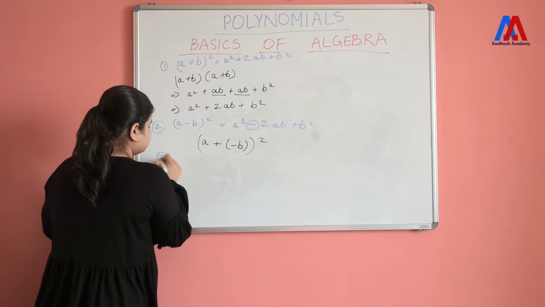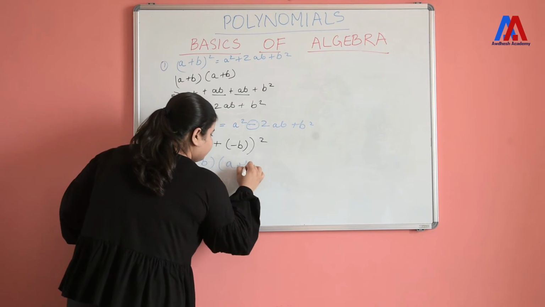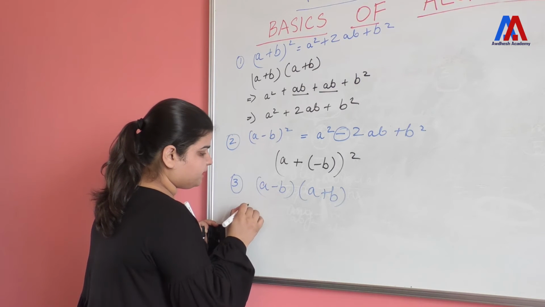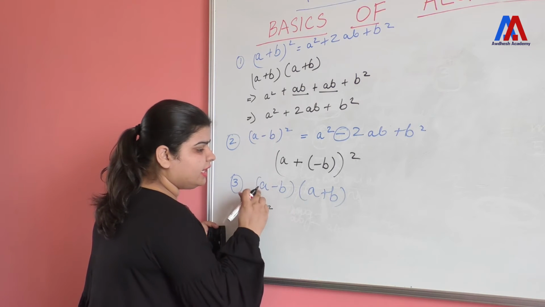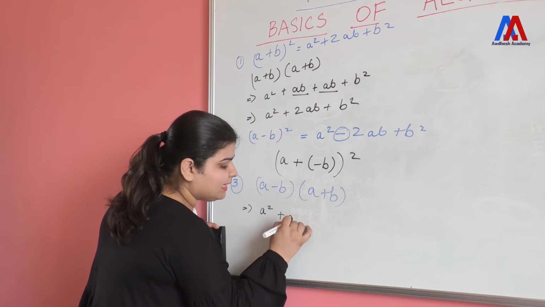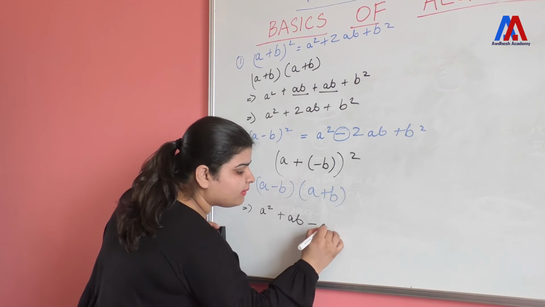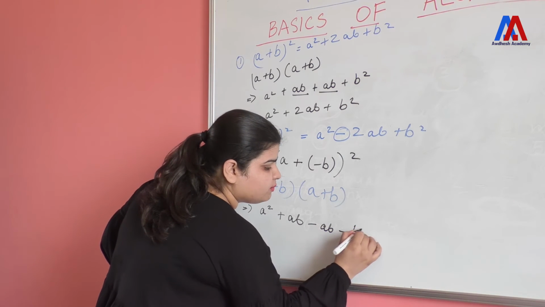The third is (a - b)(a + b). Now let's multiply the two brackets. First, a into a would be a², a into b would be plus ab, minus b and a would be minus ab, and minus b into b would be minus b².